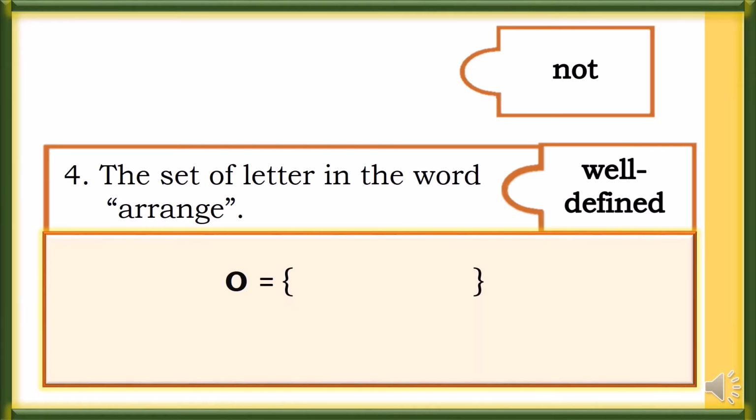The elements of our set are A, R, N, G, E. As you observe, we only list the elements A and R once, since in listing the elements of a set, each distinct element is listed once, not repeated, and the order of the elements does not matter. That is why, even though it is not arranged in alphabetical order, it is still correct.